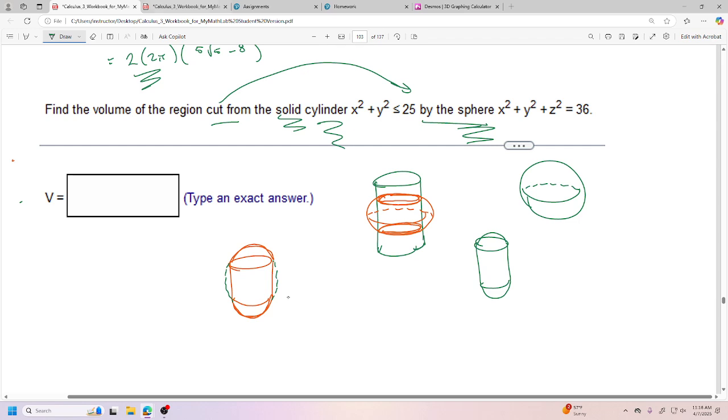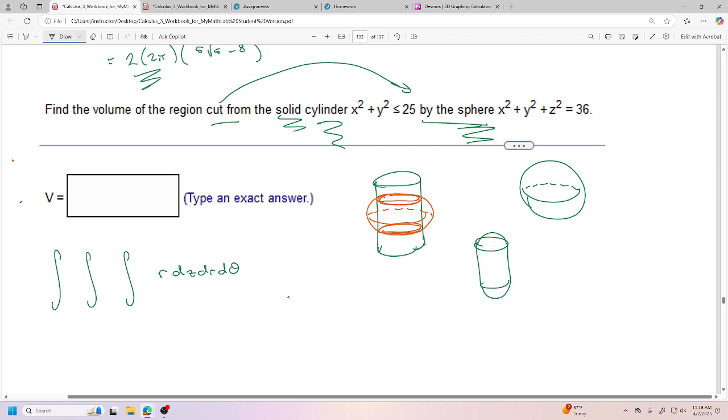No way am I doing rho squared sine phi, blah, blah, blah, right? That would just be crazy. Cylindrical. So r, dz, dr, d theta. We're much more familiar with cylindrical. We're comfortable with it. It's easier.